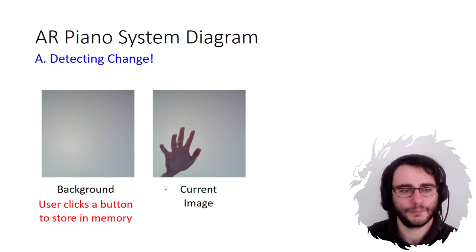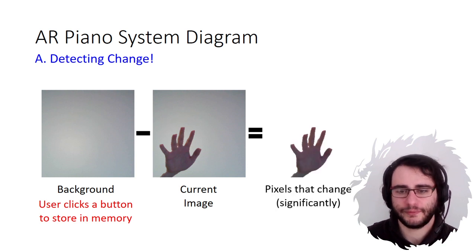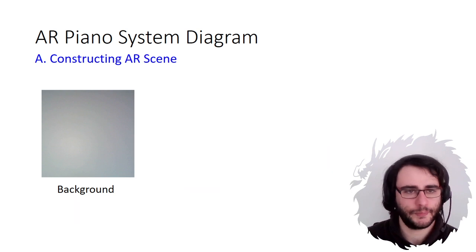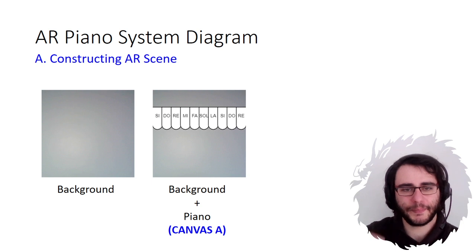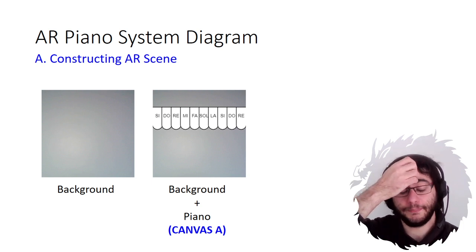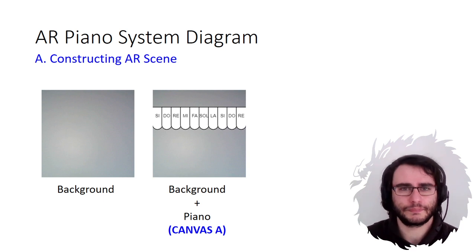So we have now this difference. Next step was, okay, this layering. So I'm gonna need to get the piano back here into this system. And yeah, that's what I'm gonna do next.